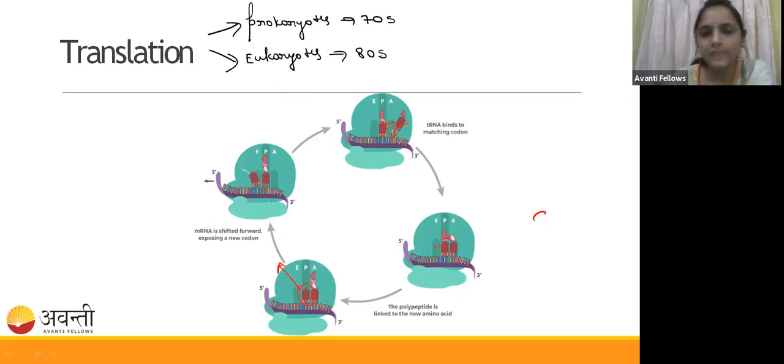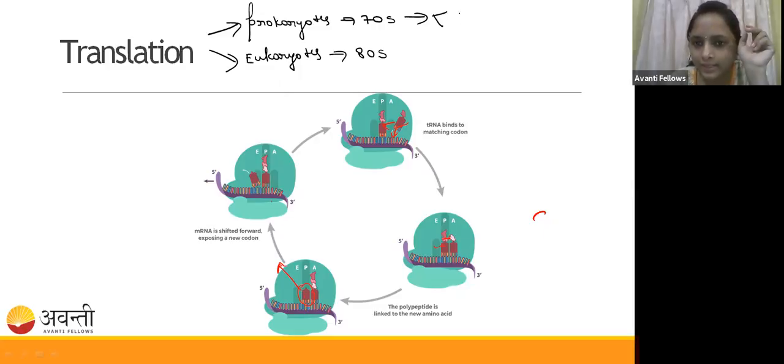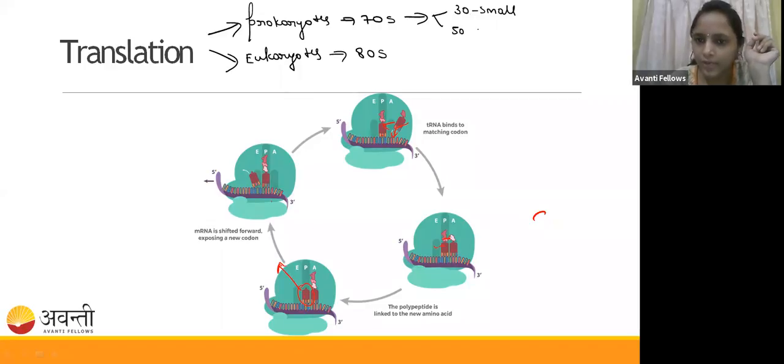When it comes to the 70S ribosome, it is made up of two subunits. One is called the 30S subunit, the small subunit. Another one is called the 50S subunit, the large subunit. That is in the bacteria. In the eukaryote, there are 40S and 60S.